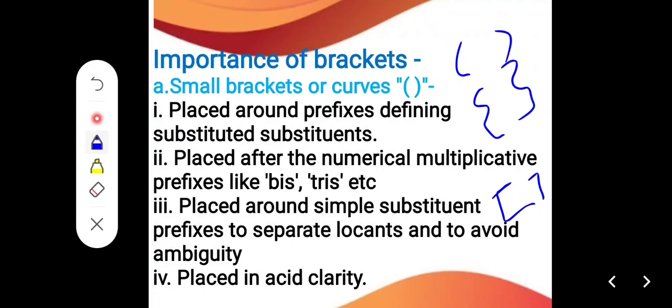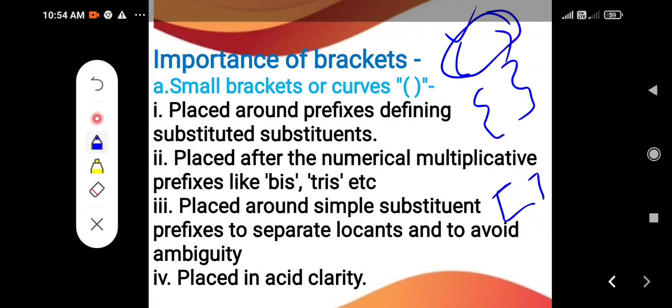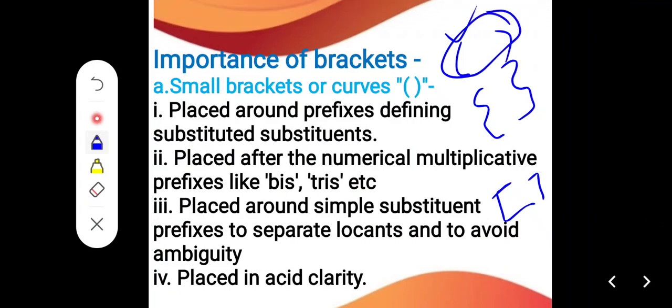If you know the keyboard of a laptop, computer, or any mobile phone, you can see these types of brackets there. So there are three types of brackets. This type is also termed small brackets, or curves. We do not use curves so much; we basically use small brackets.